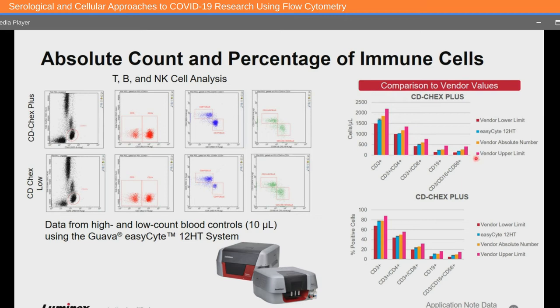And as you can see from the data, the absolute count information for the various subpopulations in both sample types is well within limits provided by the vendor. Data such as this, which can be obtained in 10 microliters of blood, can be very useful, especially because you can perform these assays in a no-wash format in either tubes or plates.